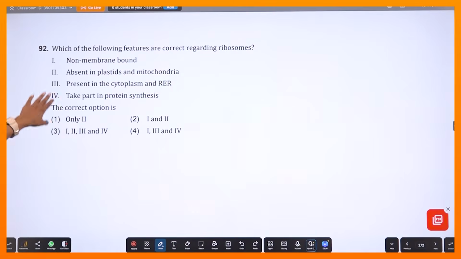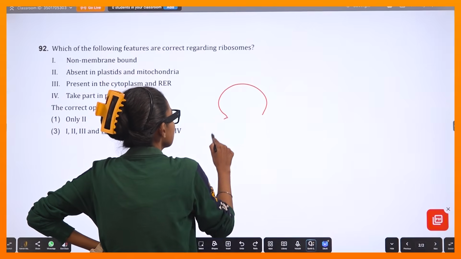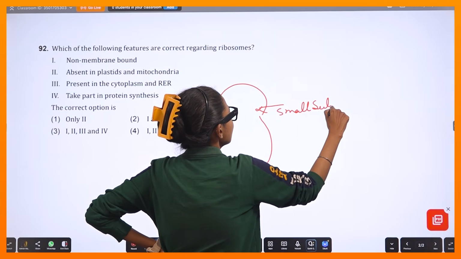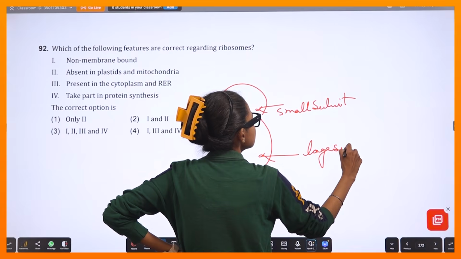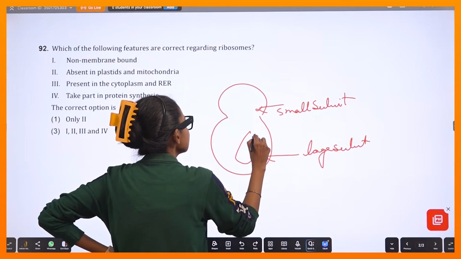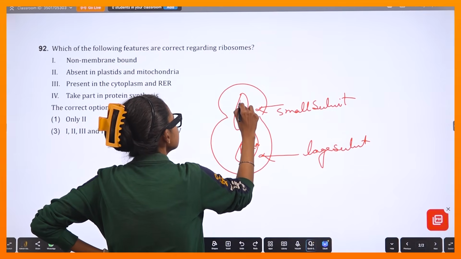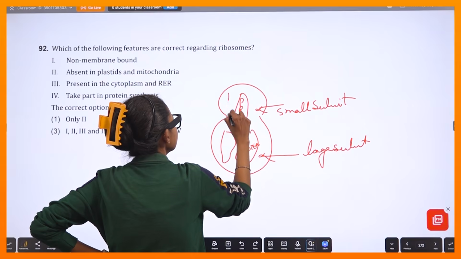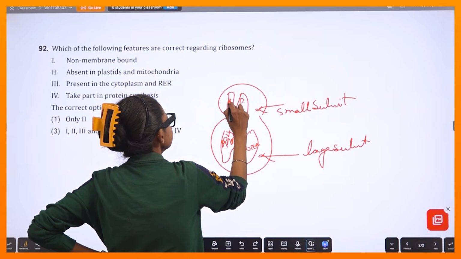Which of the following features are correct regarding ribosomes? Ribosomes have a small subunit, a large subunit, and proteins, and ribosomal RNA.